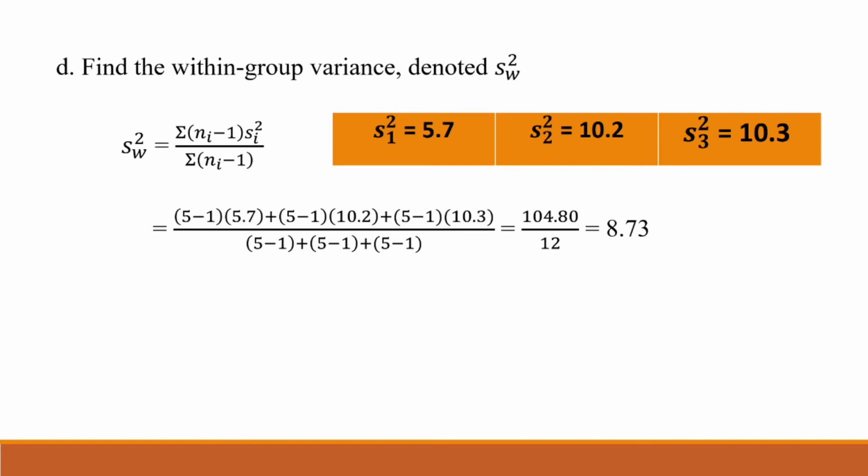So, 5 minus 1 times 5.17 plus 5 minus 1 times 10.2 plus 5 minus 1 times 10.3 divided by 5 minus 1 plus 5 minus 1 plus 5 minus 1 is equal to 104.80 divided by 12. So, yung within group natin is 8.73.